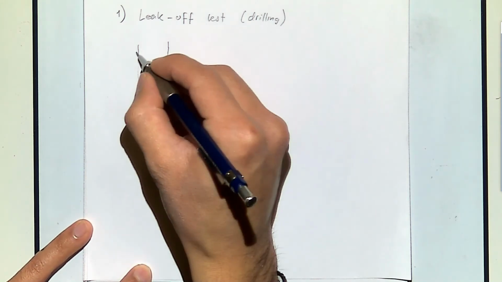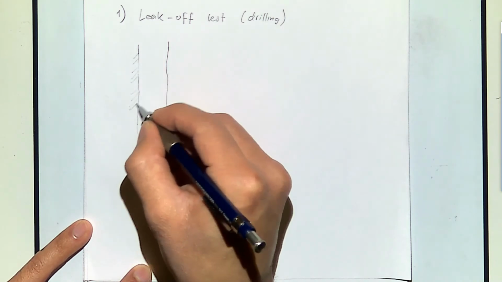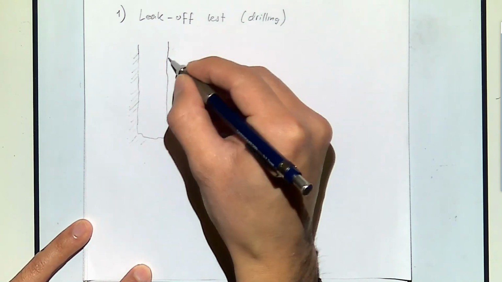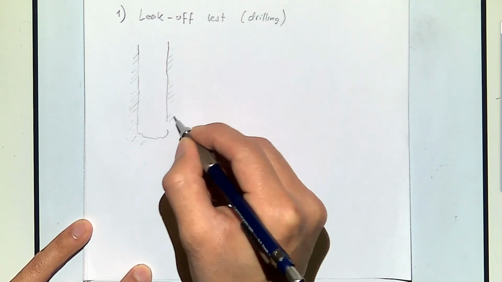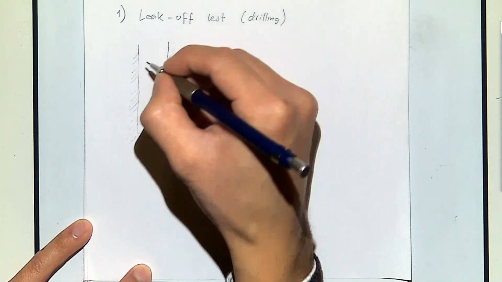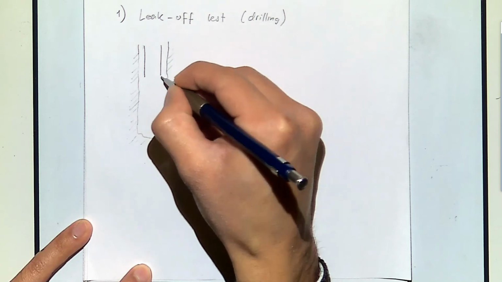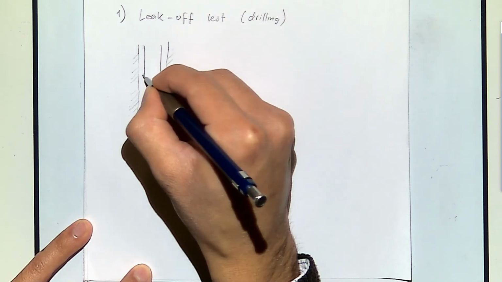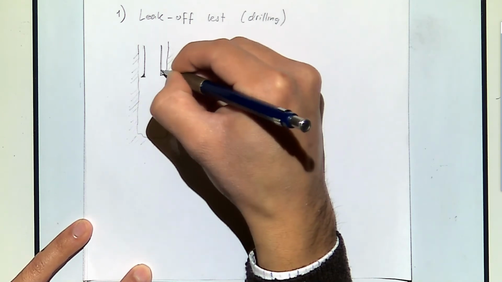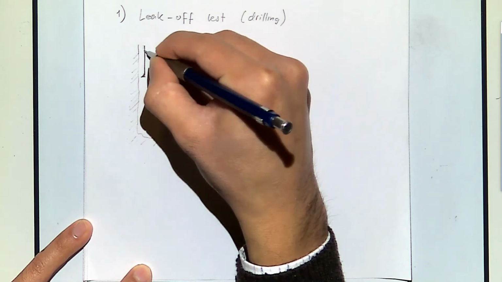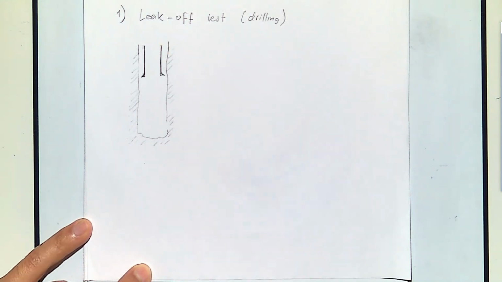The leak-off test, what is done is you drill up to a given depth, after which you lower the casing, not to the very bottom, but just leave a section.